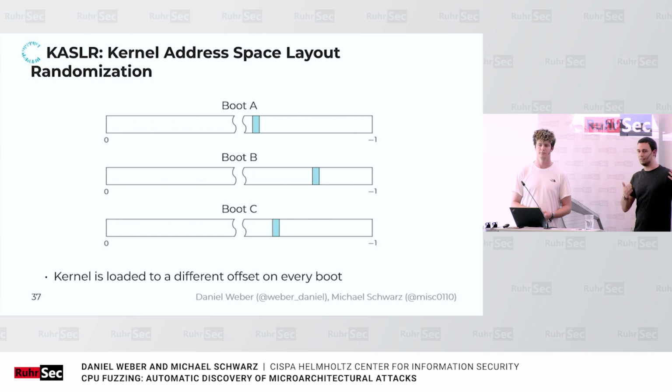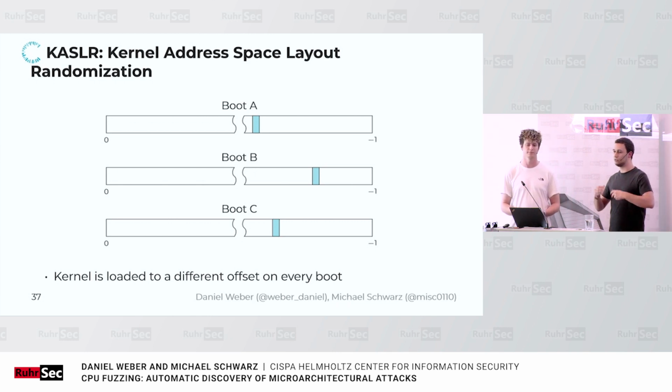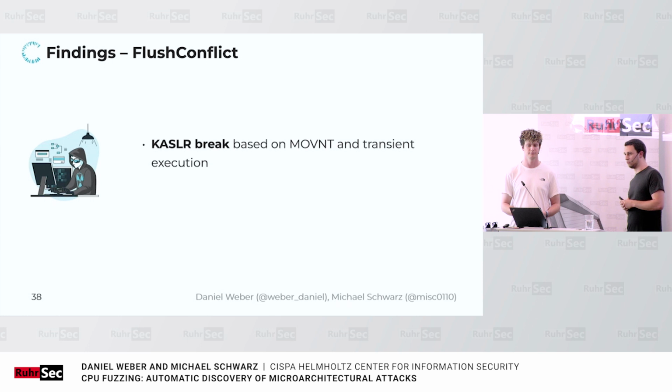And to make attacks reliable again, you need some way of figuring out where your operating system is located. And that's exactly what we can do with one of our attacks, the Flush+Conflict attack, which builds a new KASLR break based on a side effect of the non-temporal move instruction. And this is pretty nice.